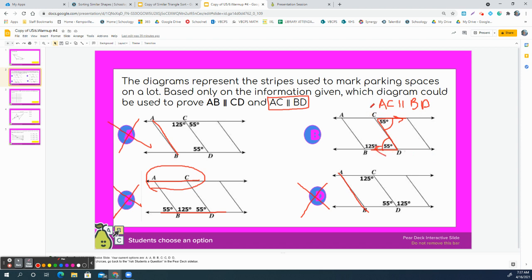And then CD is the transversal. And if I come over here, I can look at the 125 and this 55. They are same side interior, so AB is parallel to CD. So AB is parallel to CD and AC is parallel to BD.